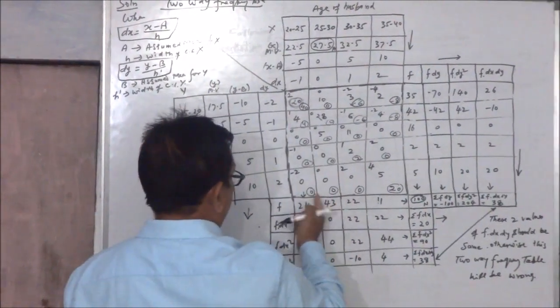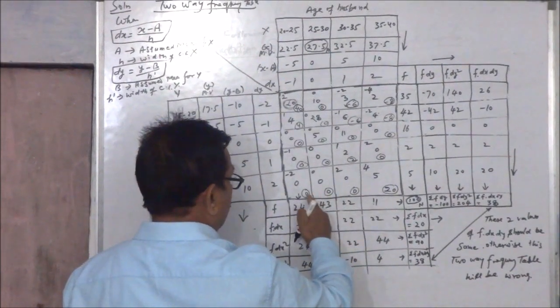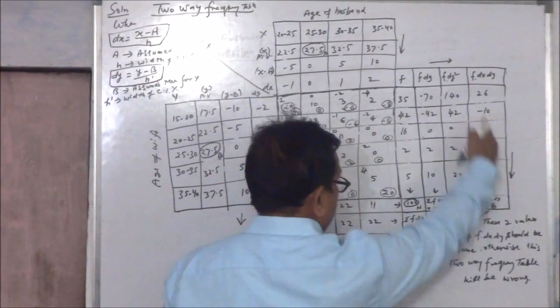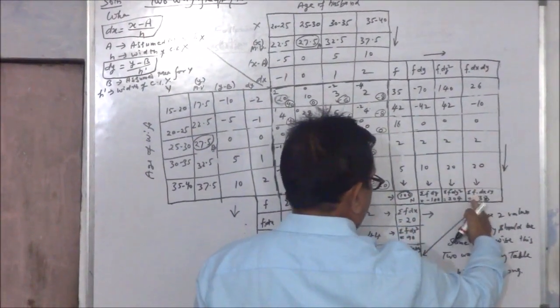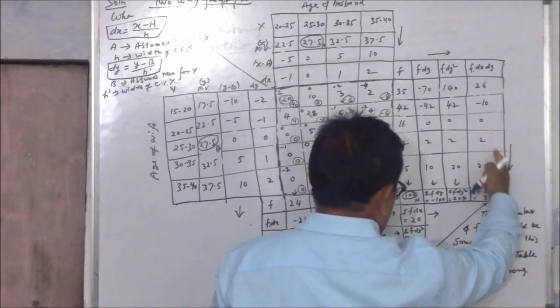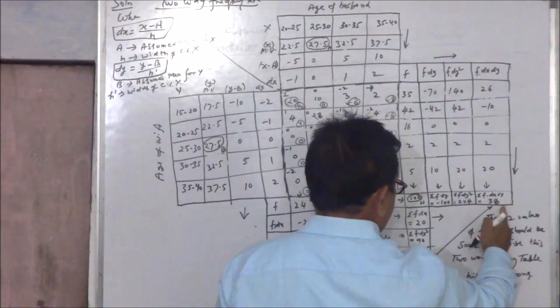In the next row, add all these circled values: 0 plus 0 plus 0 plus 20, this is 20. And add all these f dx dy, you will get summation f into dx into dy. This is 26 minus 10 plus 2 plus 20, this is 38.